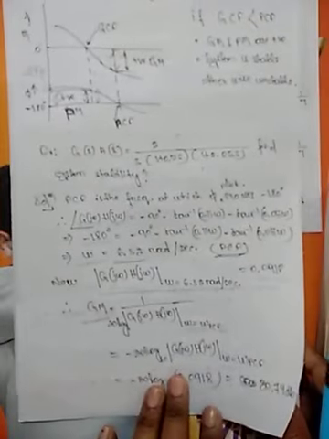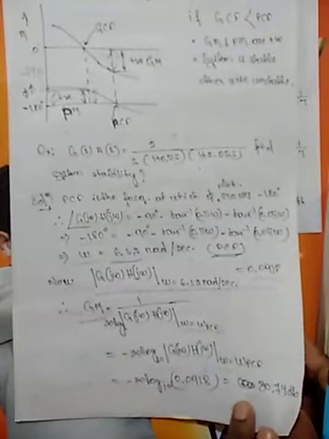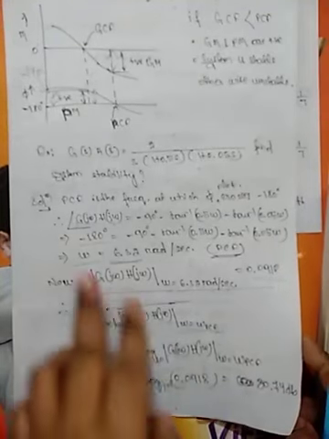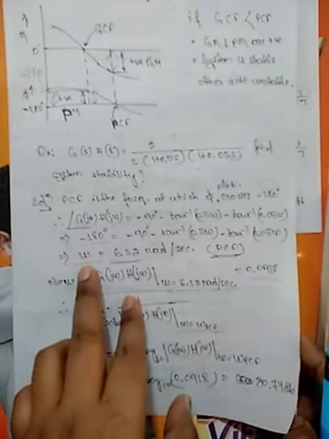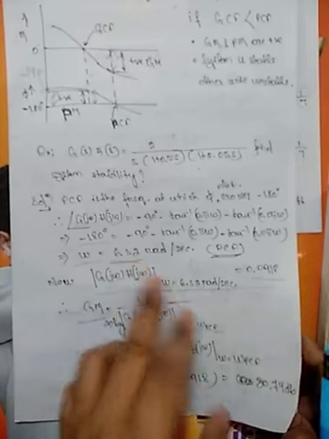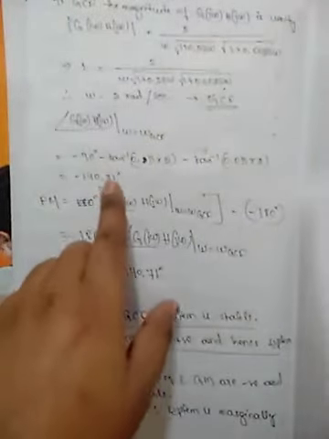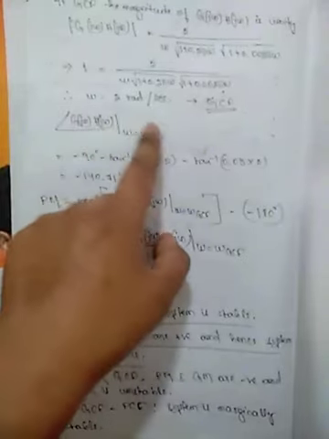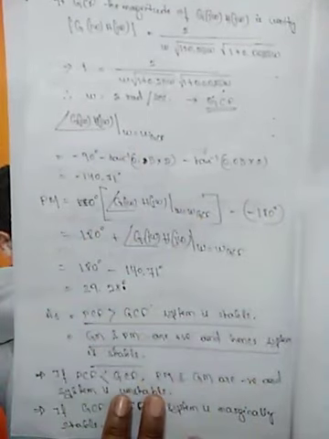For this question we get the phase crossover frequency as 6.32 radian per second and the gain crossover frequency as 2 radian per second.